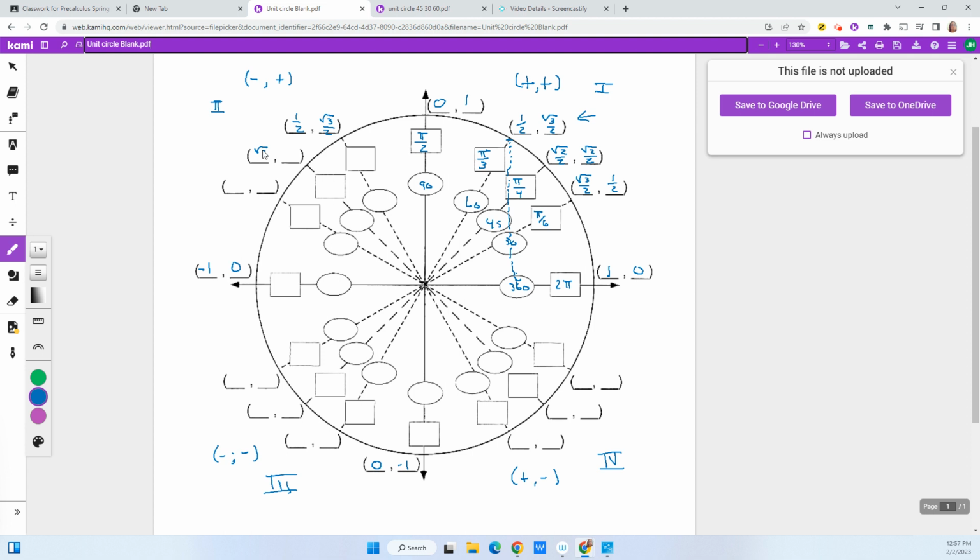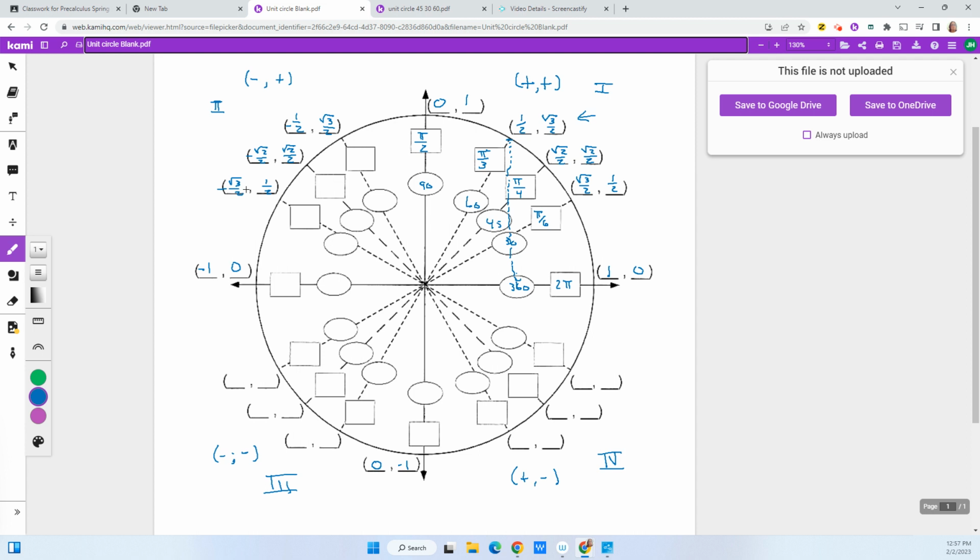This would be radical 2 over 2, radical 2 over 2. This would be radical 3 over 2, 1/2. The only difference would be that all of these X values would be negative, right? So if I folded them over, the only difference between those values would be those are positive and those are negative.